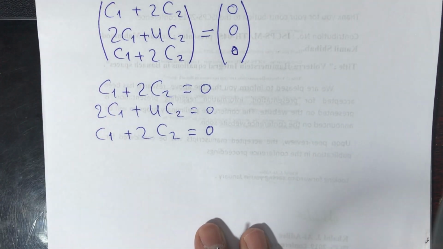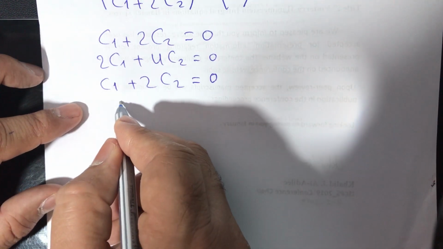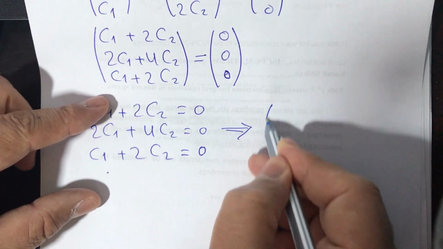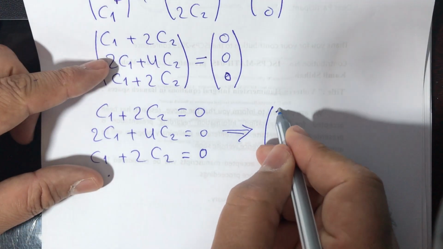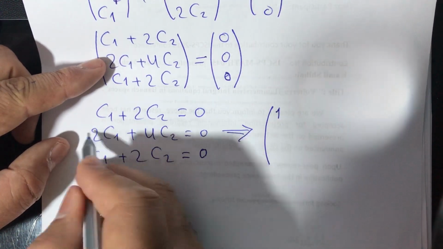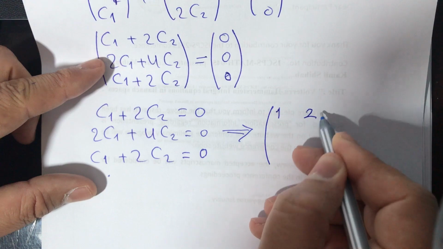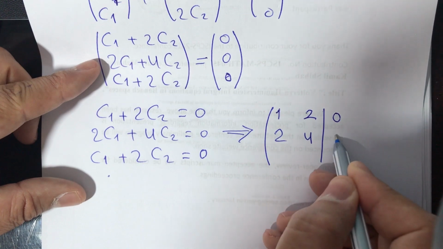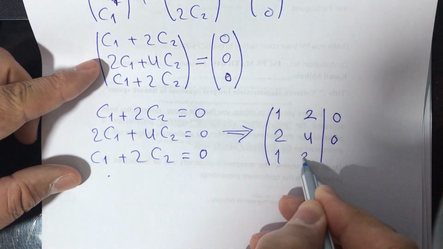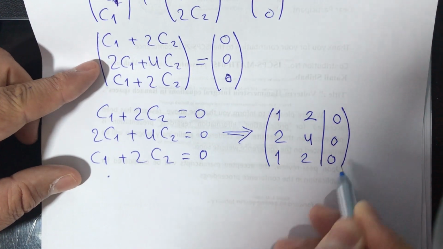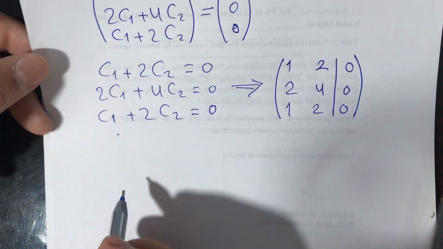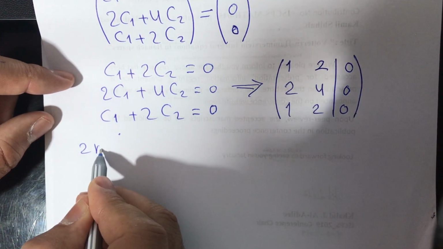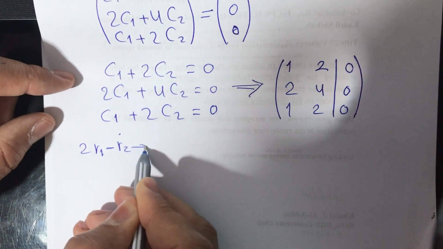Move it to matrix. This is the matrix here: 1, there is no C3, just C1, C2, so this is 1, 2, and here 0, and here 2, 4, 0, and here also 1, 2, 0. Now try to solve this system. 2r1 minus r2, write in r2.